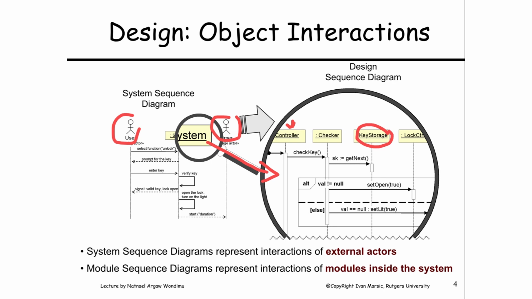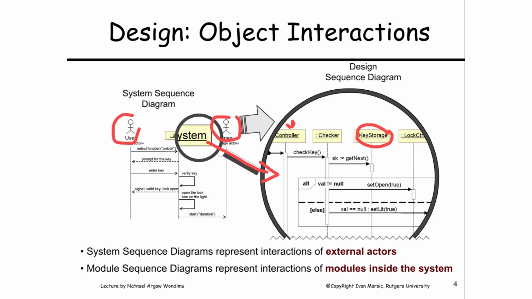So when we see inside the system in a system sequence diagram, then we see objects and interaction between these objects. So a sequence diagram, or a dynamic modeling technique that shows interaction between modules or objects that we have identified inside the system, is called module sequence diagram. So to distinguish between module sequence diagram and system sequence diagrams, system sequence diagram, as we have already covered, represents interactions of external actors, including the system itself.